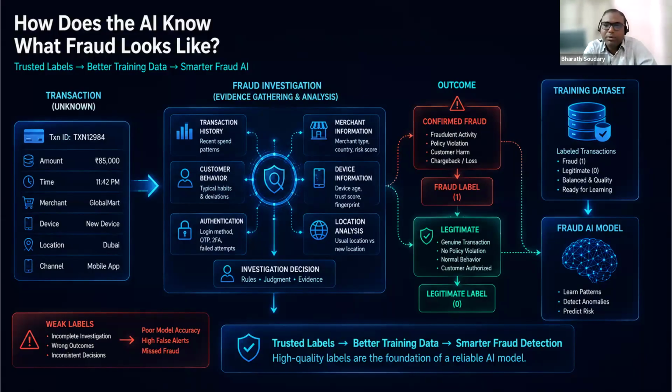The key statement for this slide: the quality of the label is just as important as the quality of the transaction data, because the model learns from the customer outcomes.